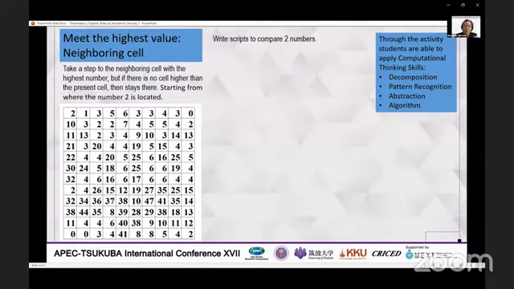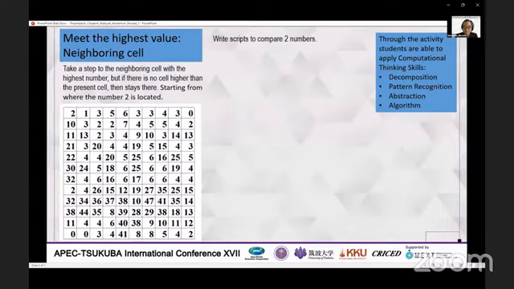Which path will meet the highest number? From this idea in the unplugged activity, we are going to translate it into Scratch programming.